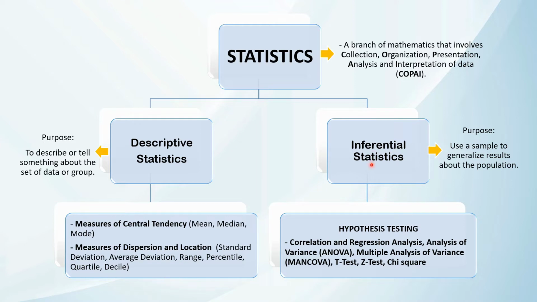And under inferential statistics, we have hypothesis testing. And we also have correlation and regression analysis, analysis of variance or ANOVA, multivariate analysis of variance or MANOVA, t-test, z-test, and then chi-square. So those are examples of inferential statistics.